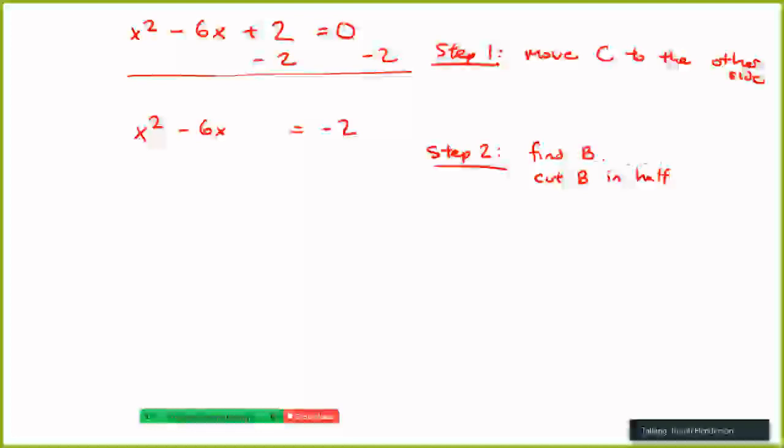That's the same thing as dividing it by 2, cutting it in half. So our B is -6. If I cut that in half, it is -3. Step 3.